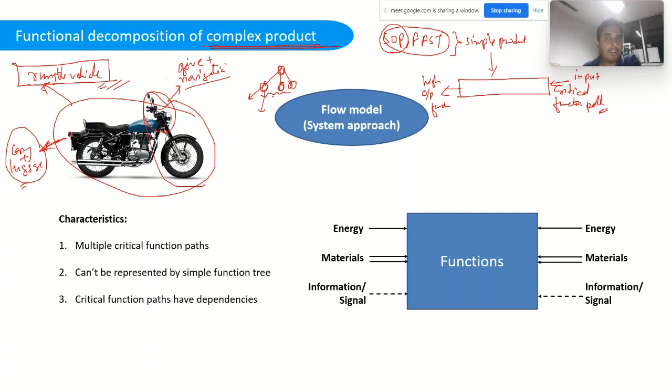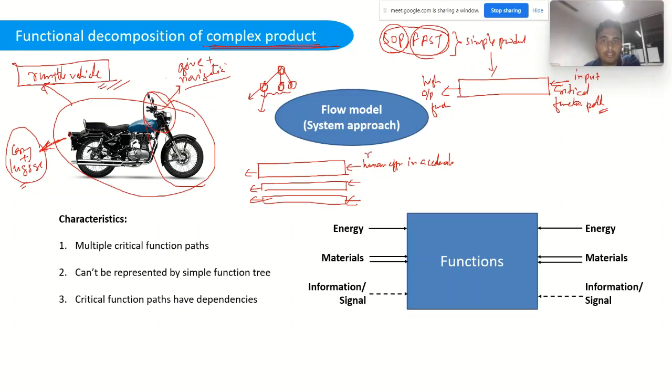Similarly, the FAST method can probably give you three different critical function paths, each having inputs. What are the inputs for running the vehicle? Probably the human effort in acceleration, so basically you rotate the accelerator.